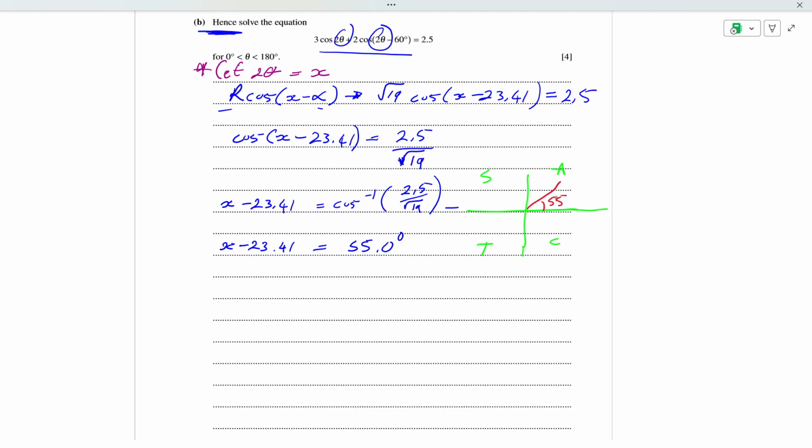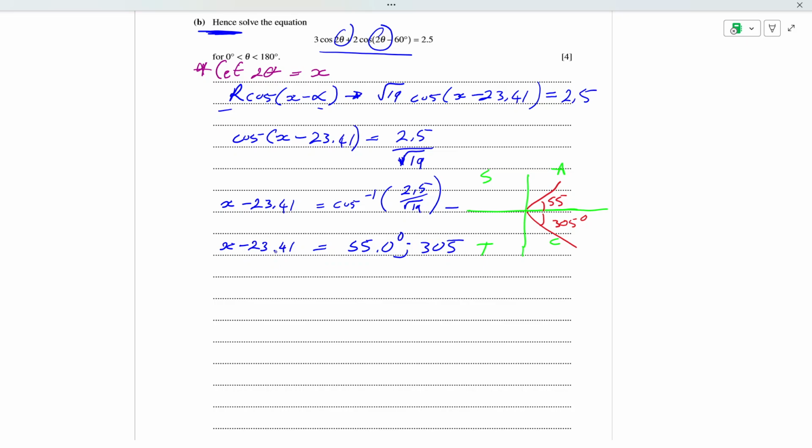Since cos is positive, we want another value where cos is also positive. In this case, it is this part, which is 360 minus 55, 305 degrees. So those are the values that we have, 55 and 305.